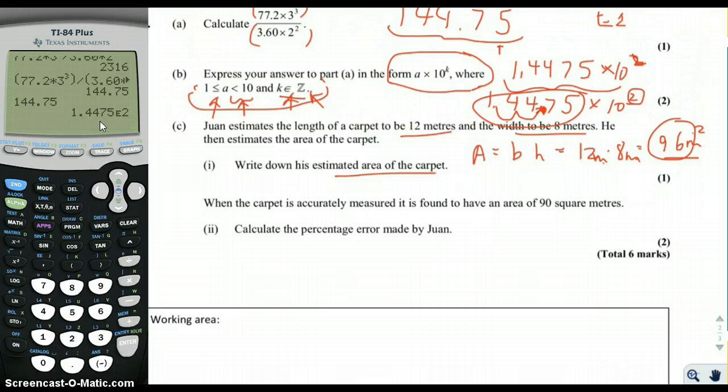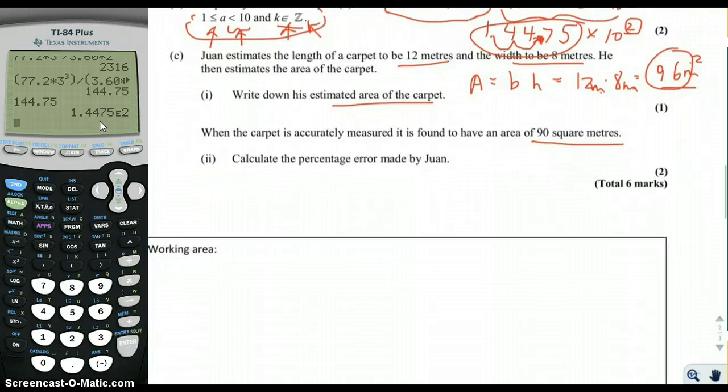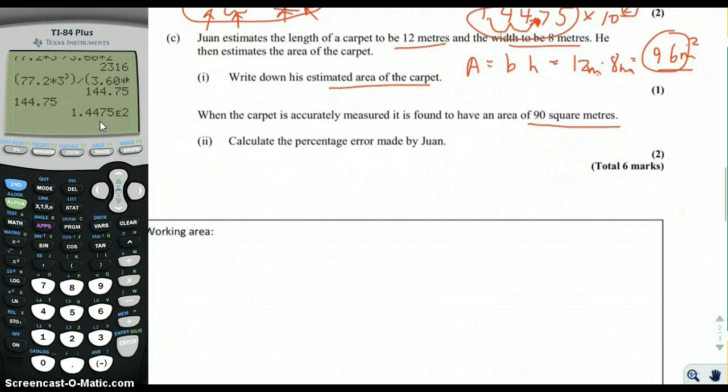The carpet is accurately measured, and is found to have an area of 90. So the actual answer is 90. And if you look on your formula sheet, you'll see that it'll give you a percentage error formula.